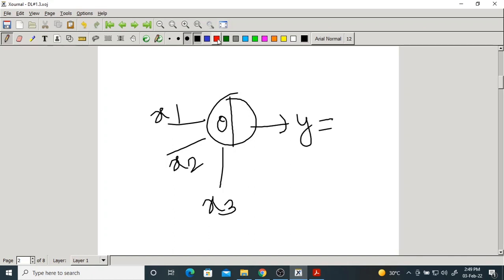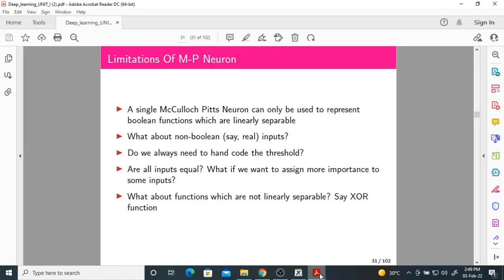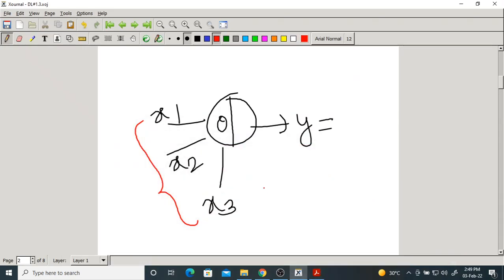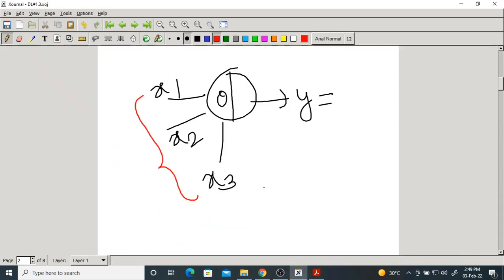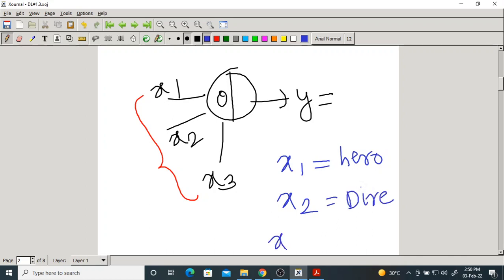Here all the inputs are given equal priority or equal importance. What if you want to give more importance to certain inputs? Suppose we take a movie example. X1 is, let us take, the hero. X2 is the director. X3 is the rating.